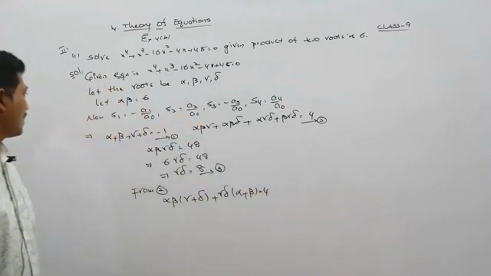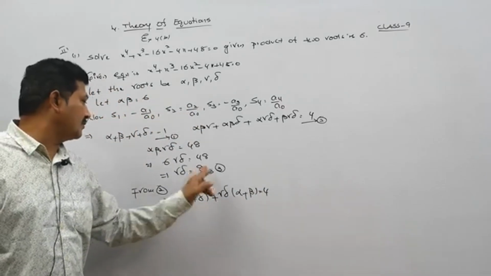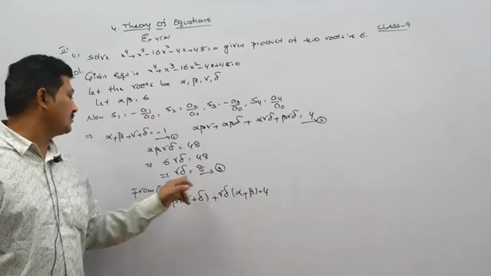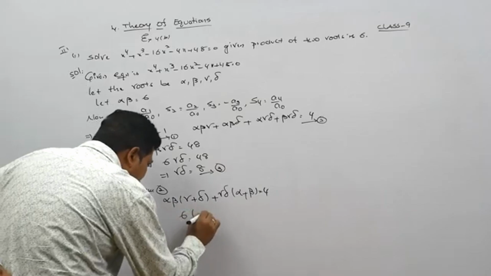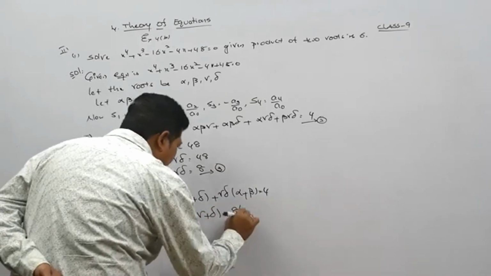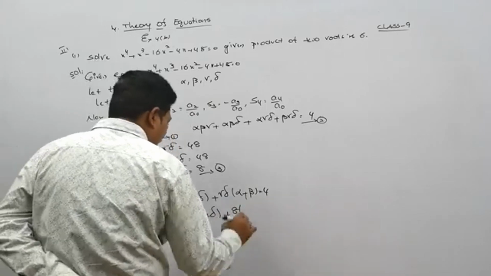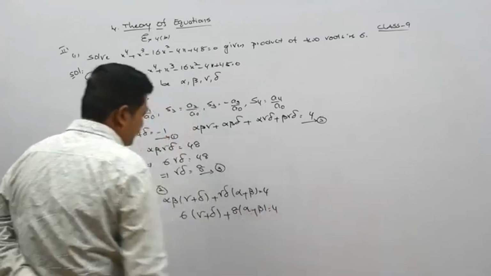But we know alpha beta is equal to 6, gamma delta is equal to 8. Substituting these values here, 6 into gamma plus delta plus 8 into alpha plus beta is equal to 4.